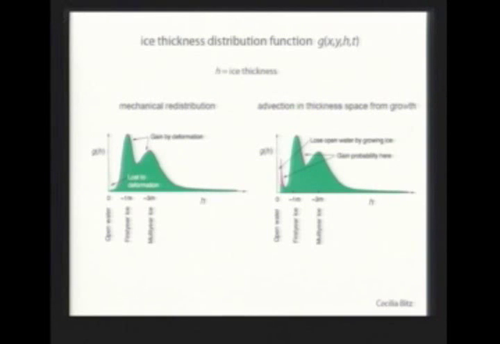Mechanical redistribution, as ice floes crash together and basically form ridges and so on, you transfer probability density from the low end up to the higher end, or as you grow ice on open water, you can accomplish advection in the thickness space from down at the low end up to the thicker ice.